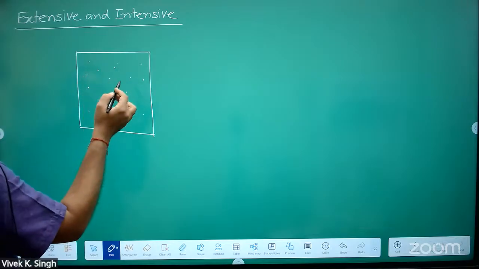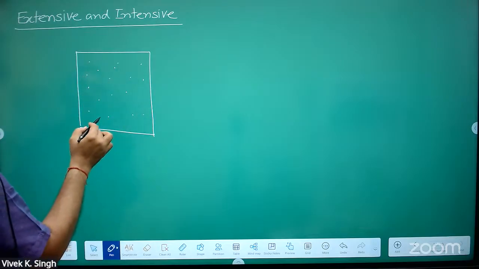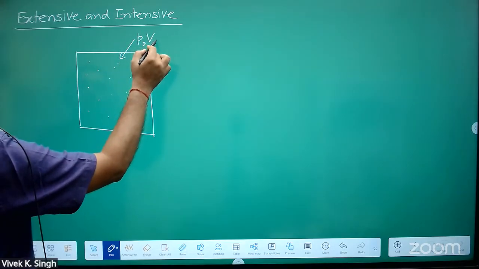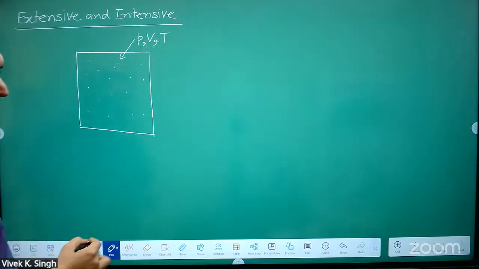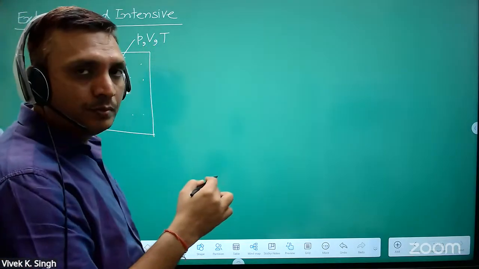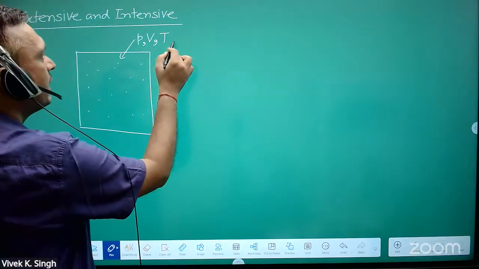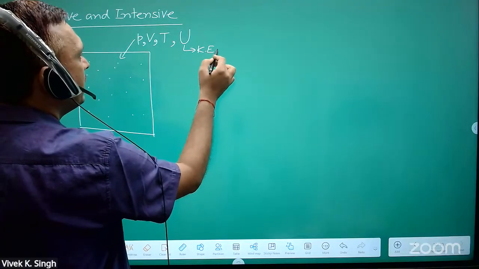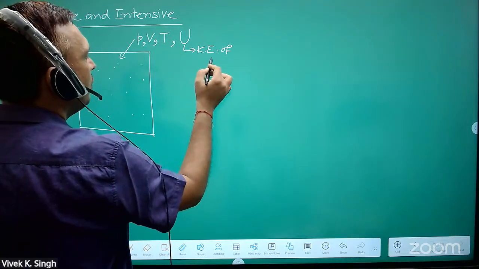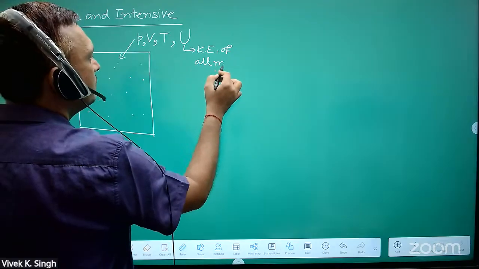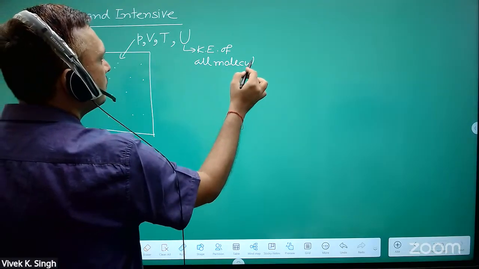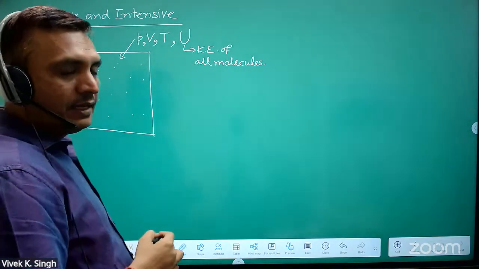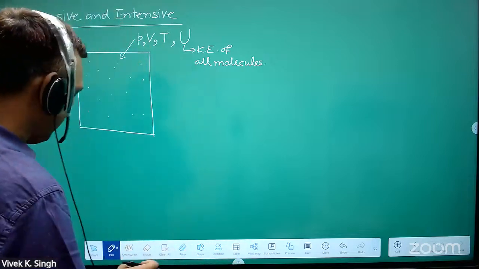And let's say its pressure is P, volume is V, temperature is T. And I am assuming total energy U is only kinetic energy, the kinetic energy of all molecules.